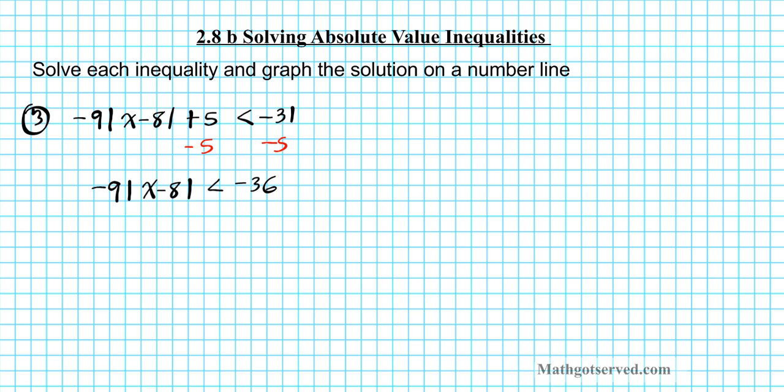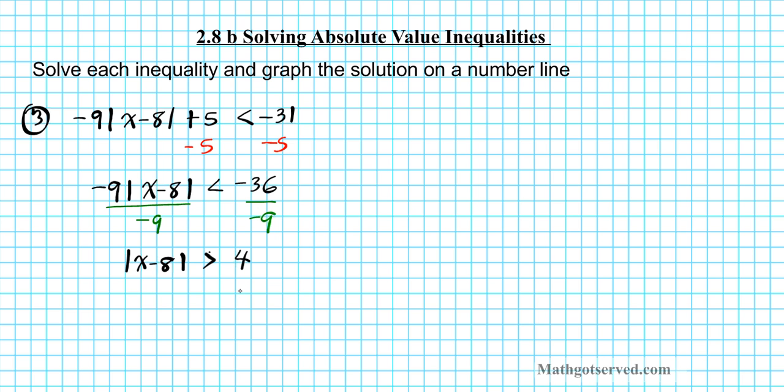Now we'll go ahead and divide both sides by -9. And now we have the absolute value of x minus 8 is less, wait a minute. Remember, when you divide by negative, the inequality sign changes, so we have greater than +4.